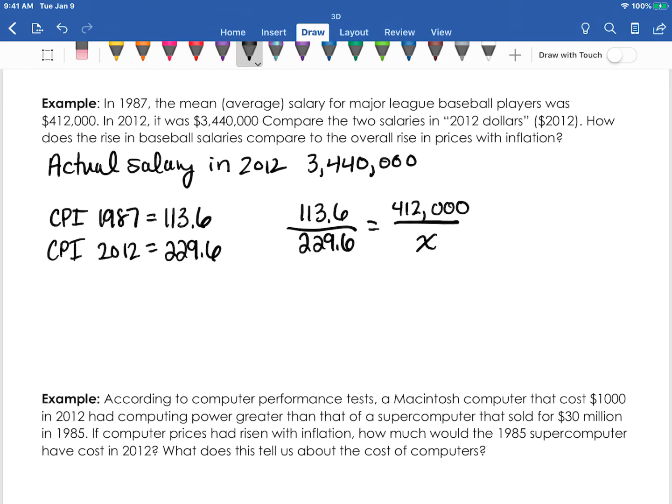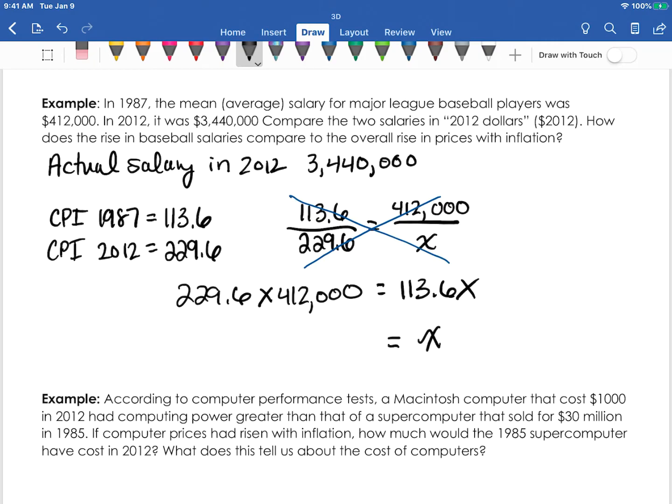So if I solve this for x, I'm going to cross multiply. I'm going to take 229.6 and multiply by 412,000, and that's going to be equal to 113.6 times x. And then to find x, we're going to divide both sides by 113.6.